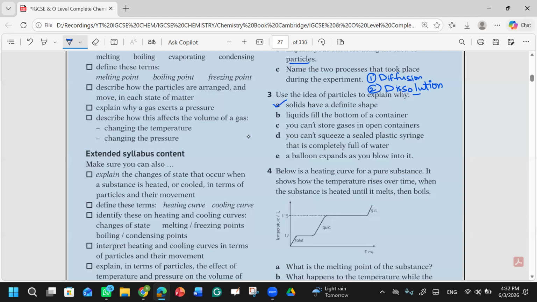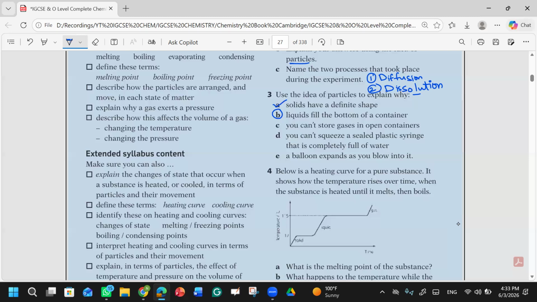Okay. Second, part B. Liquids fill the bottom of the container. What does it mean? Look, whenever you pour a liquid in a beaker, whatever the shape of the beaker, for example a volumetric flask, or any cylindrical beaker, when you pour the liquid in it, we see that the liquid fills the bottom of the container, right?